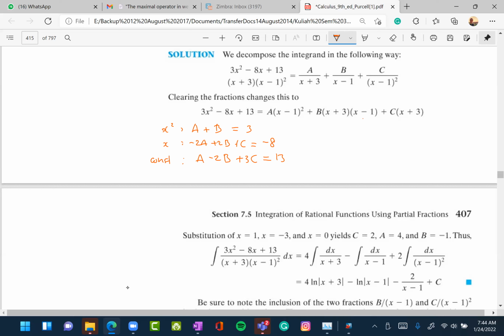No, I may have made a mistake because a bunch of numbers here are wrong. It should be plus c equals 13.